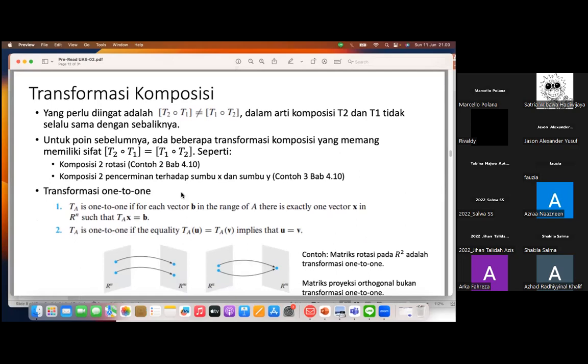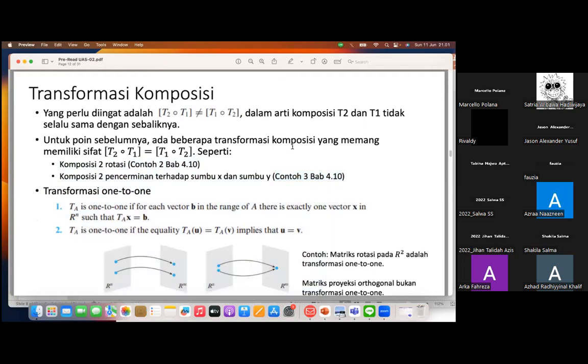However, there are some cases where they are the same, like the composition of two rotations, which you can take a look at in the book, example 2, chapter 4.10, and the composition of two reflections, in the x-axis followed by the y-axis, shown in example 3, chapter 4.10.